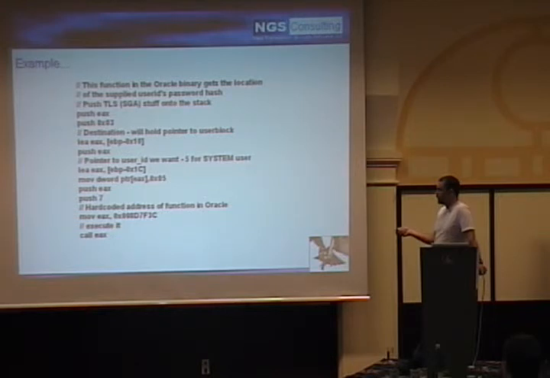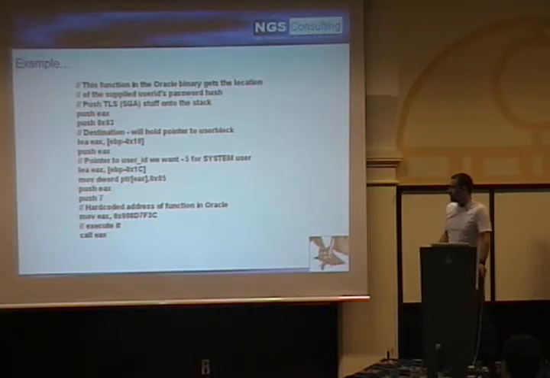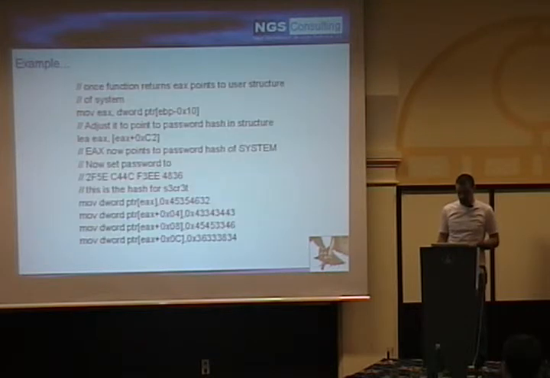Now, I got this address by disassembling the authentication procedures essentially, and looked at what it did and thought, well, actually, wait a minute, we can hook into that and basically manipulate the password hashes. So once we call EAX, essentially, we should have a pointer back to the user structure for the system user.